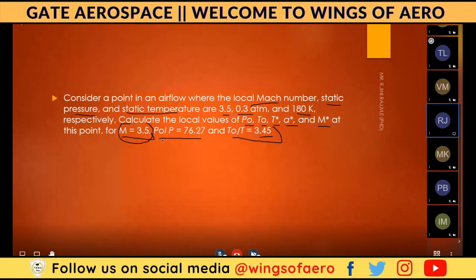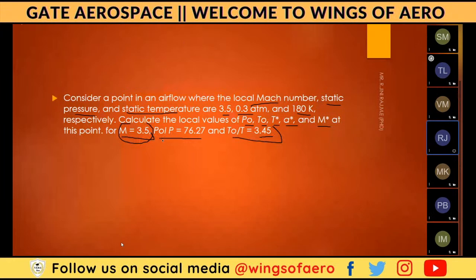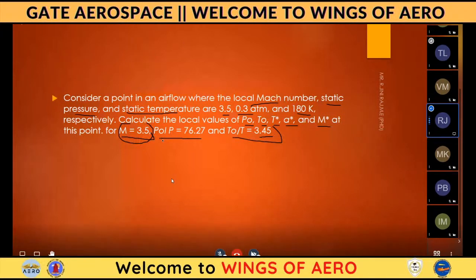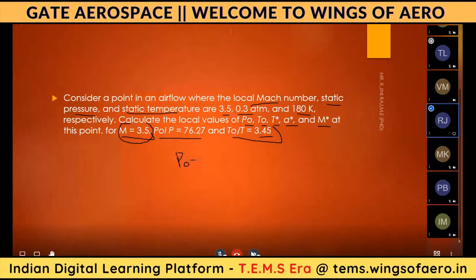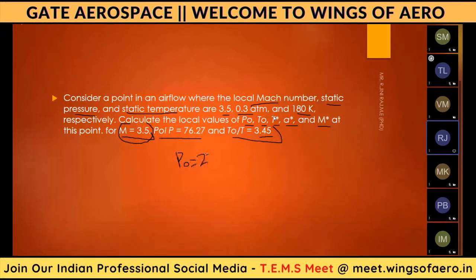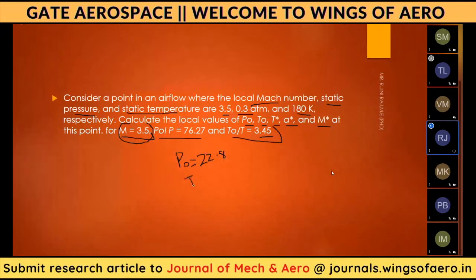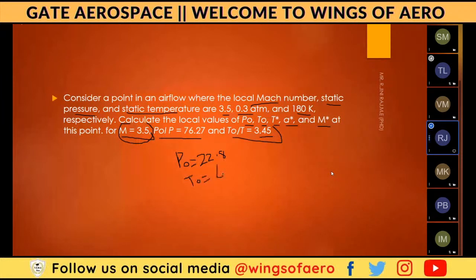Sir, P0 value 22.881. P0 value once again. 22.88, correct only. T naught value? 621, sir. 620.